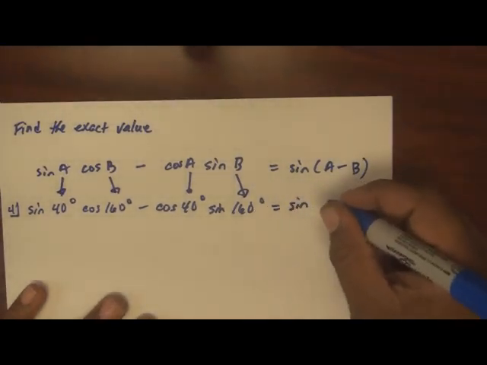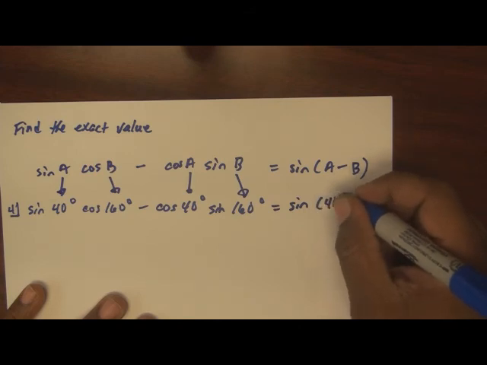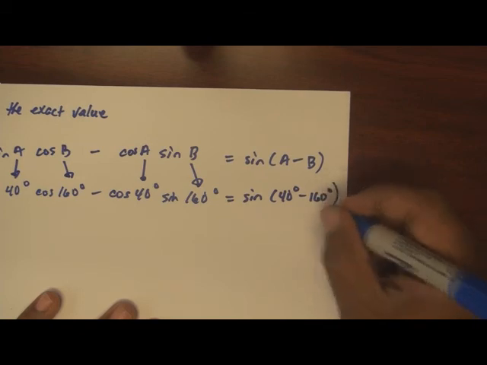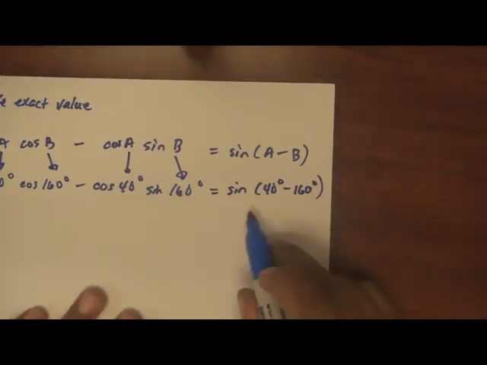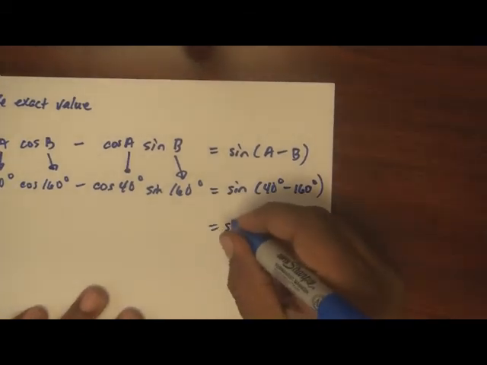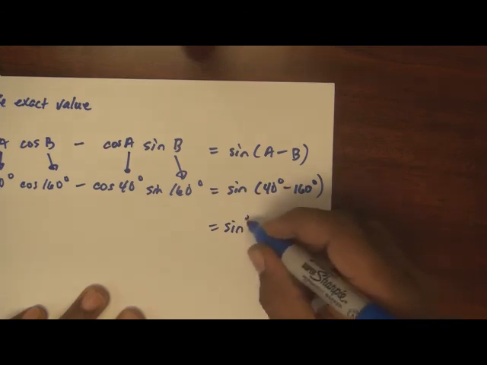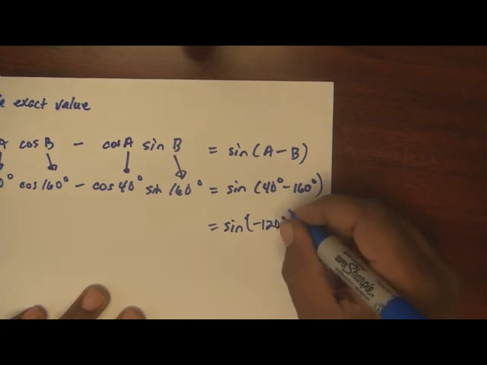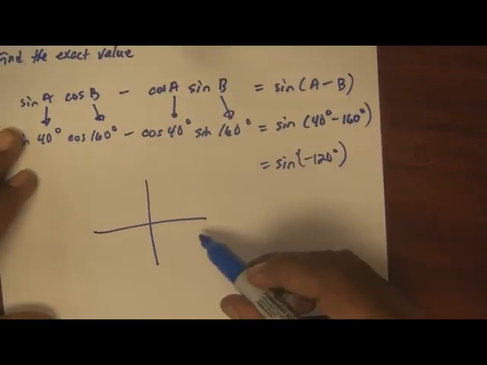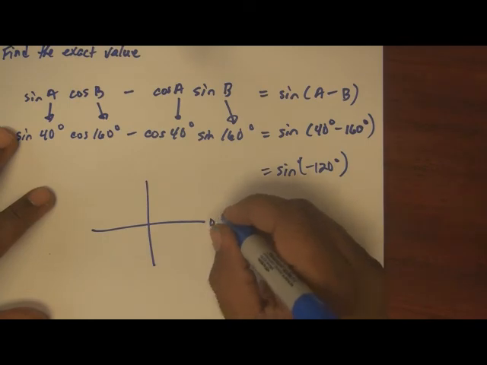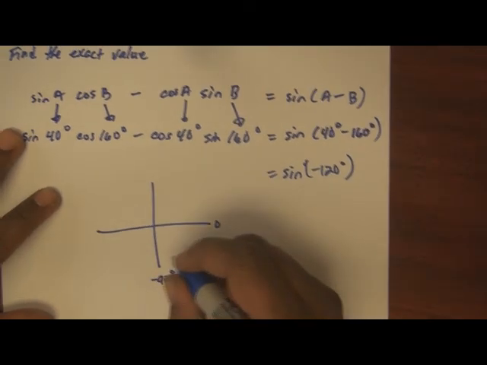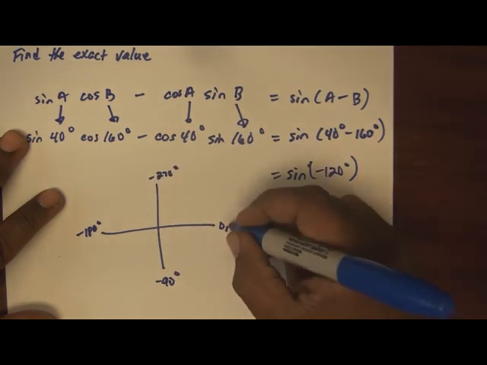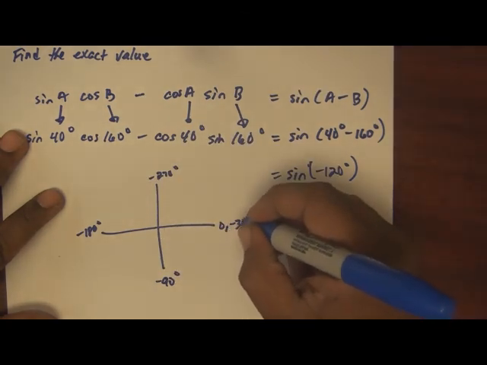So we have the sine of 40 minus 160. 40 minus 160 is negative 120 degrees. You want to keep in mind that for negative angles we have 0, negative 90, negative 180, negative 270, and back around to negative 360.